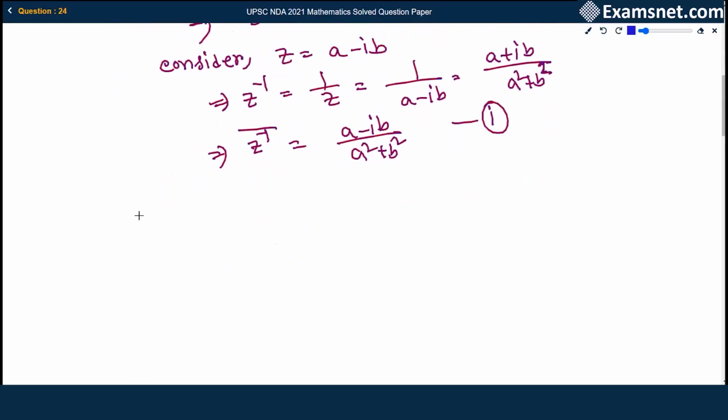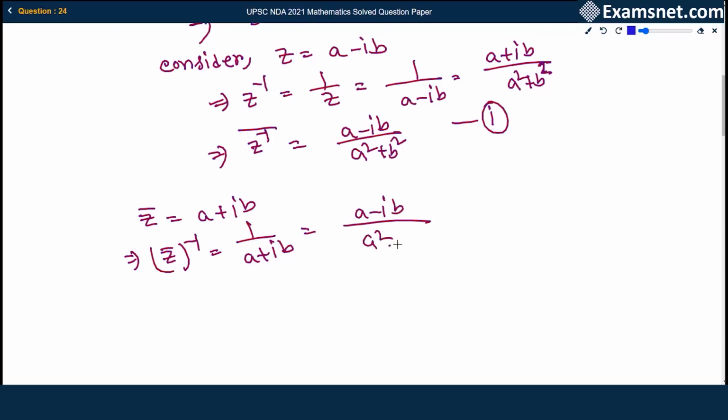Now, z bar: if z is a minus ib, z bar should be a plus ib. So z bar inverse will be 1 by a plus ib. Okay. Further, we can rationalize it. We will get a minus ib by a square plus b square. Let's name it equation number 2.